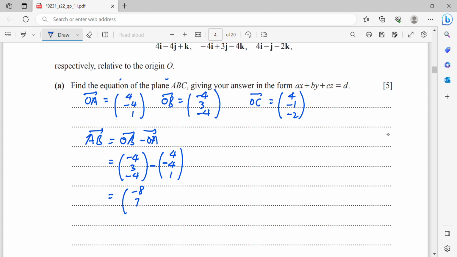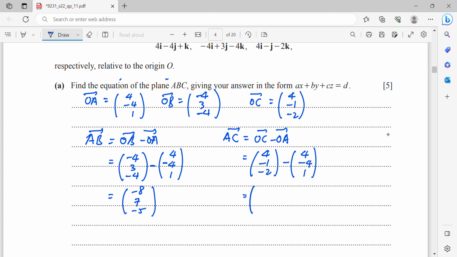So 3 minus minus 4 is 7. Minus 4 minus 1, you will get minus 5. That is our AB. Then I need to find AC. Vector AC is OC minus OA. So which is (4, minus 1, minus 2) minus OA (4, minus 4, 1). So then you will get (0, 3, minus 3).